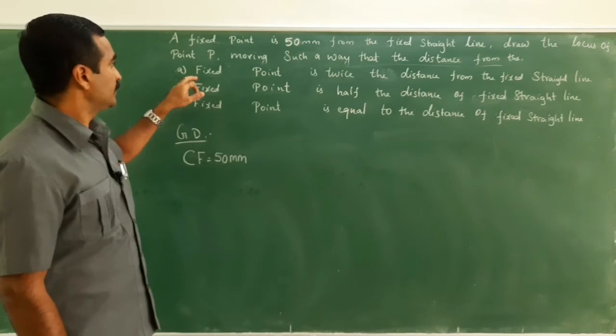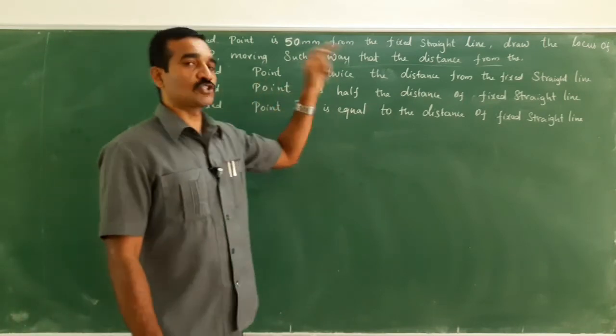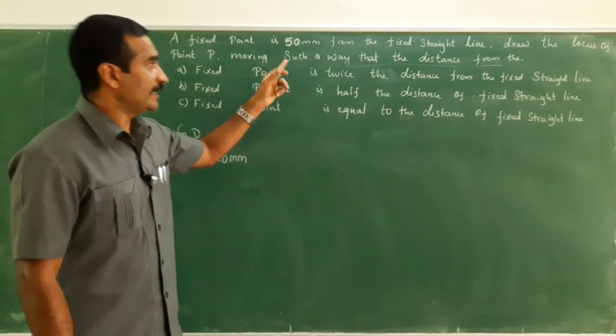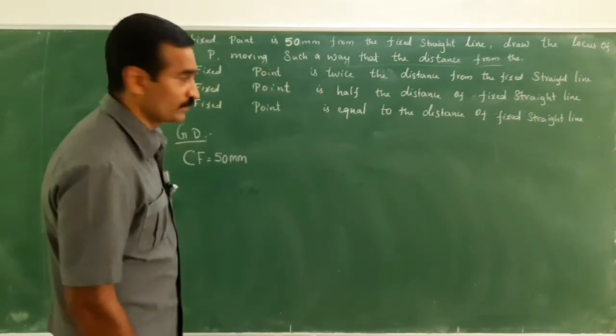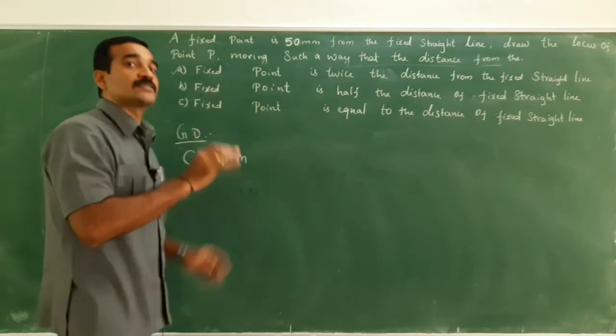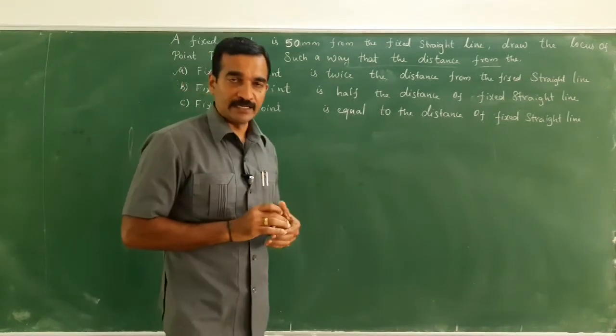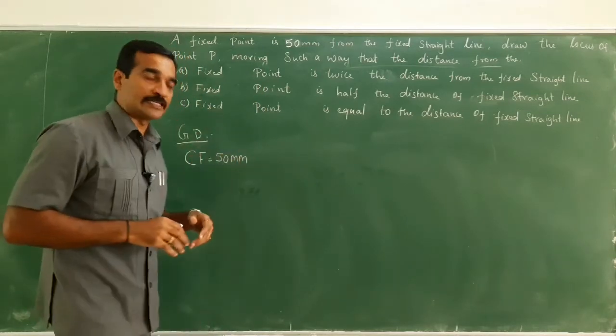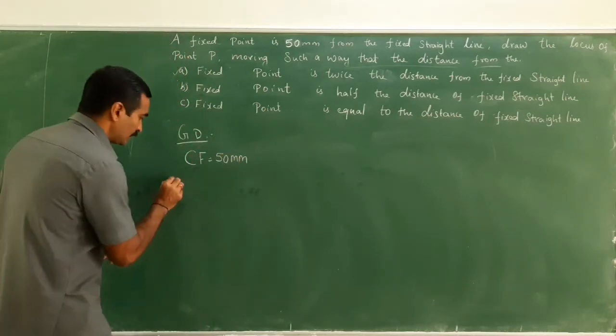In the previous question, it said fixed straight line is twice, whereas here it says fixed point is twice. So, E is not given directly. In terms of wording, that too in a twisted manner it has been given, right?